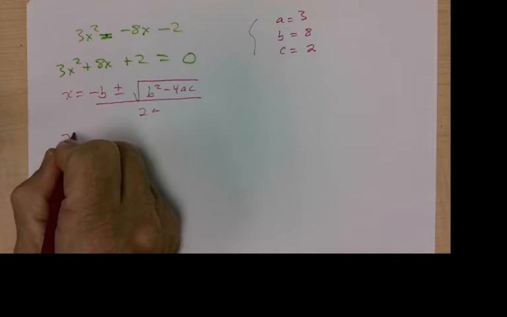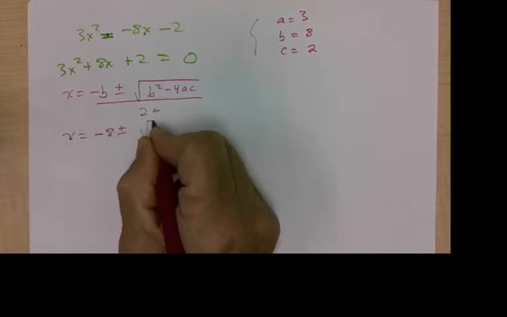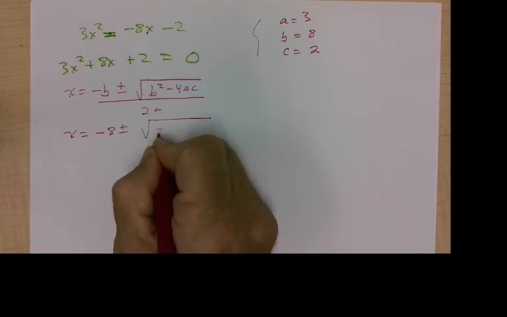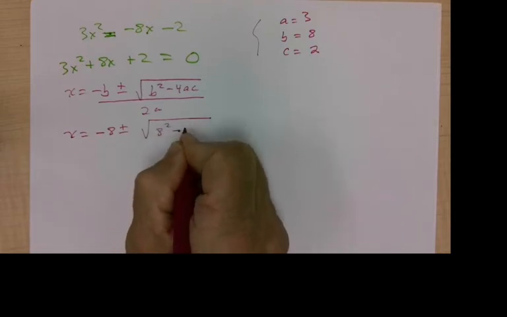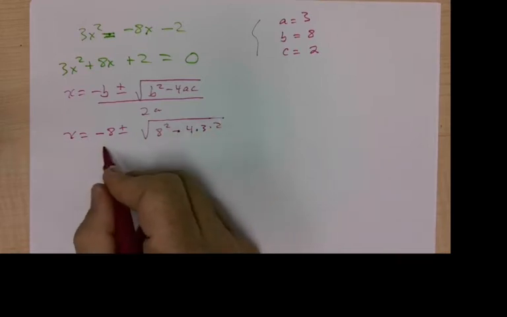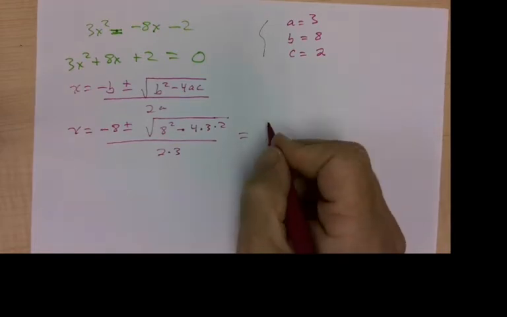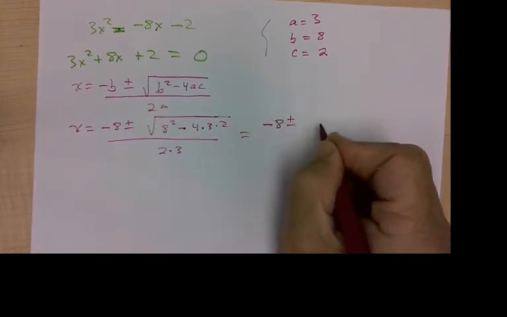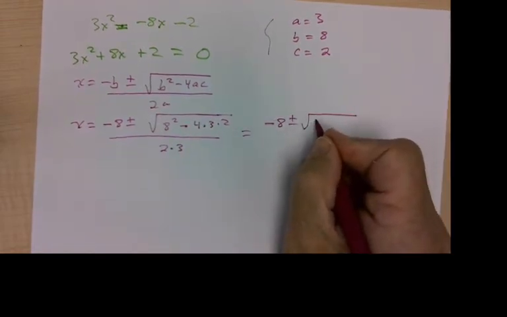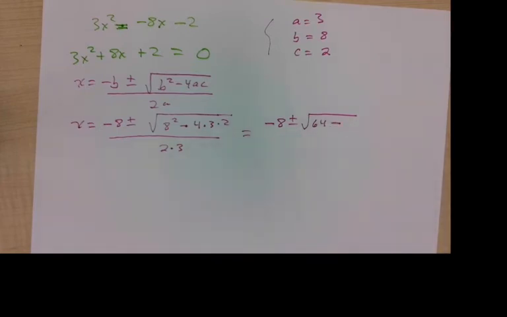I get x is negative 8 plus or minus the square root of 8 squared minus 4 times 3 times 2, all over 2 times 3, which is negative 8 plus or minus the square root of 64 minus 12 times 2 is 24.